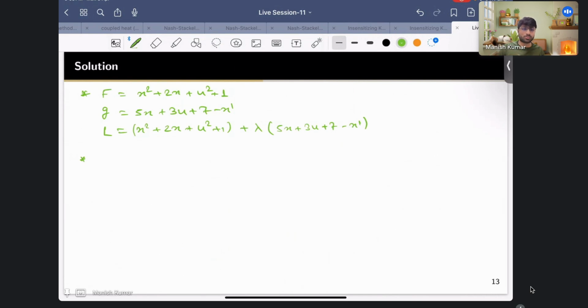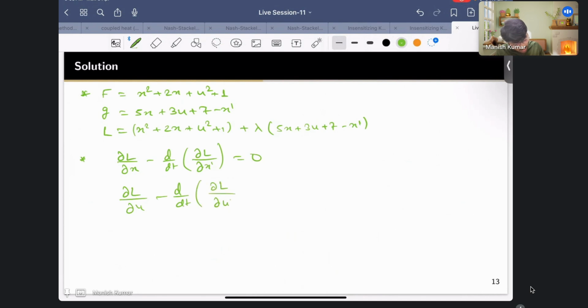Now again the same process will repeat. So would you like to do it? Maybe you can try. I'll write the formula. You just compute del L by del x minus d dt of del L by del x prime equals 0, and del L by del u minus d dt of del L by del u prime equals 0. Tell me what you get from here.